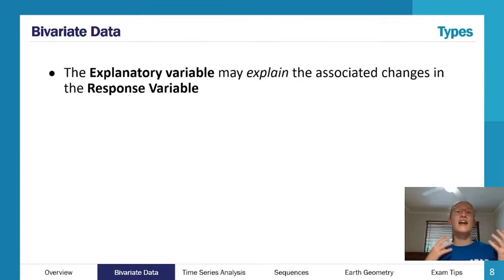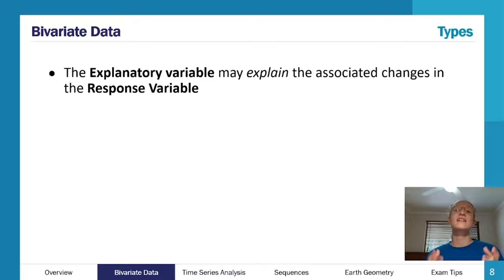So we're looking at correlation, the relationship between two things, but when we're deciding which is the explanatory variable, that's the one we think is causing the change, and the response variable is the one we think is being influenced. For example, in my temperature and ice cream sales example, temperature would be the explanatory variable and ice cream sales would be the response variable.